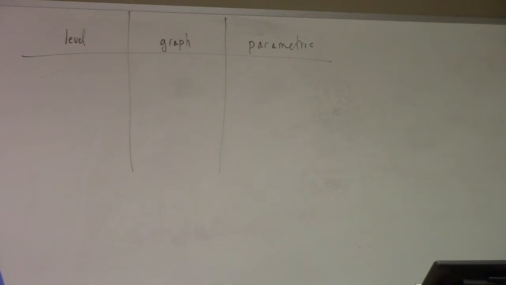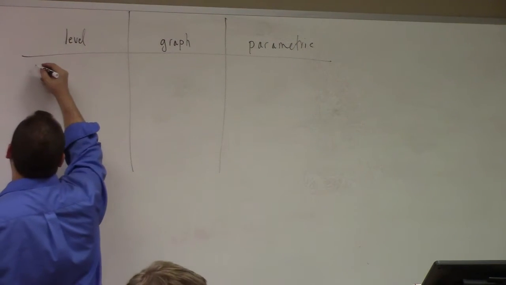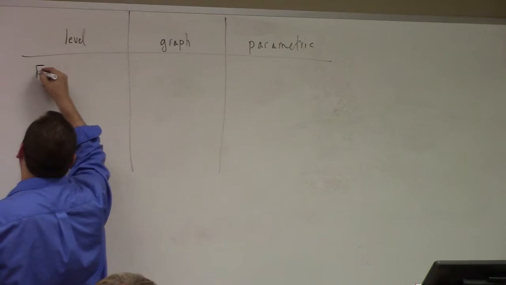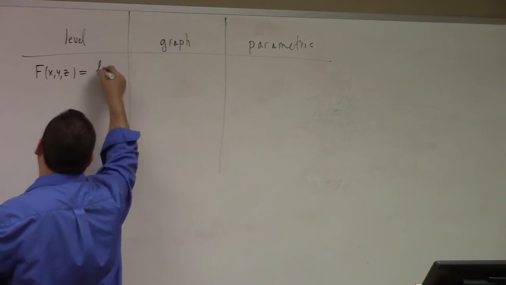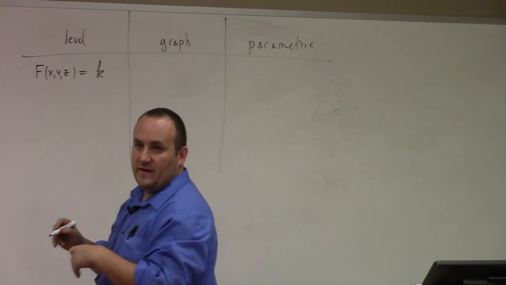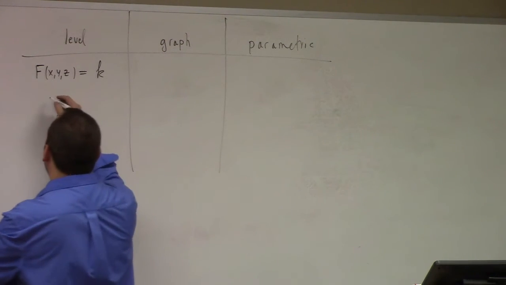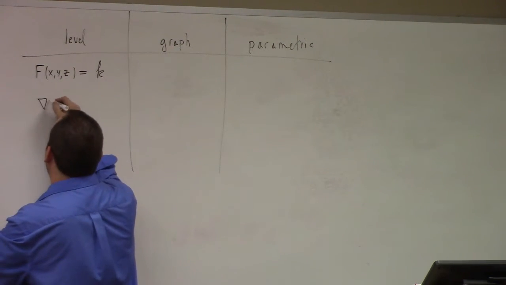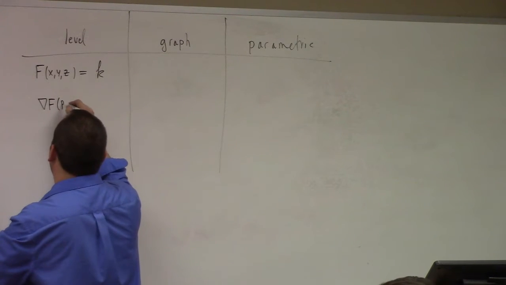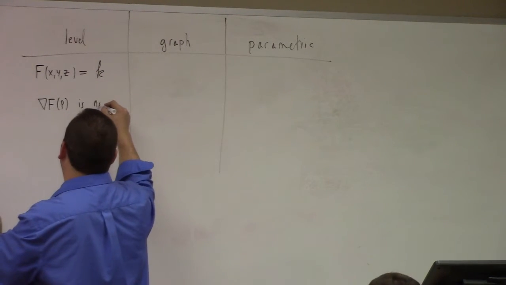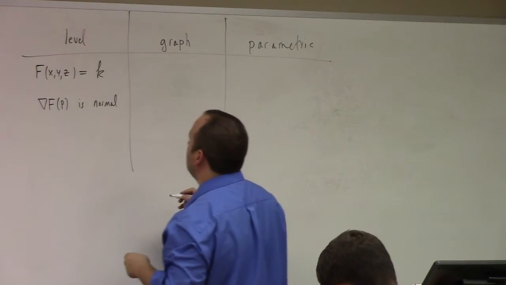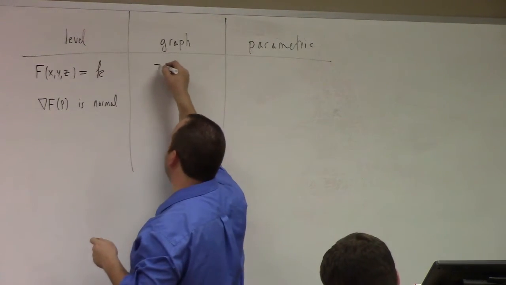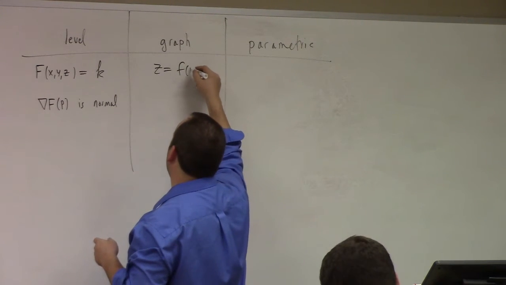Let me just draw together our thoughts on this. Level is something like you have a level function, f of x, y, z equals some constant, let's say k. To find the normal vector to the tangent plane, the gradient of f at the point P is normal. All right? Graph, it's kind of an oddball. z equals f of x, y.